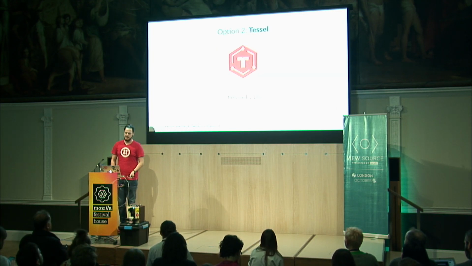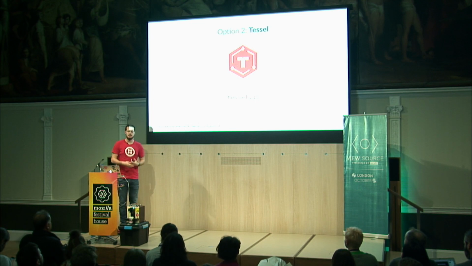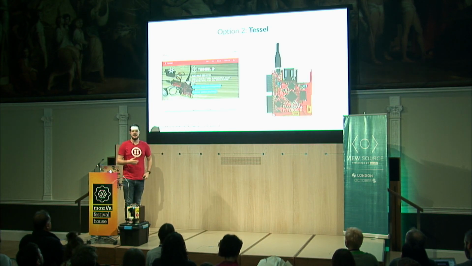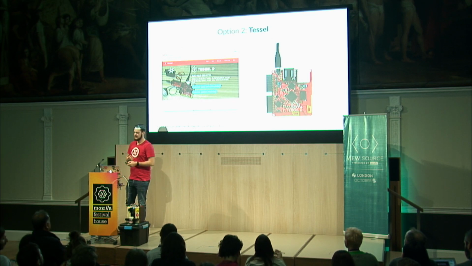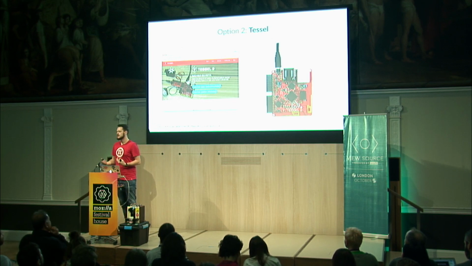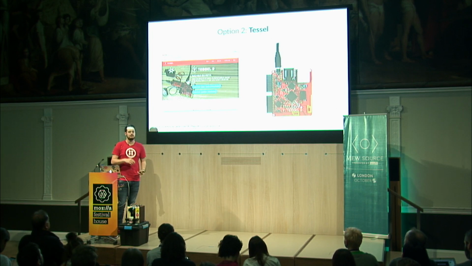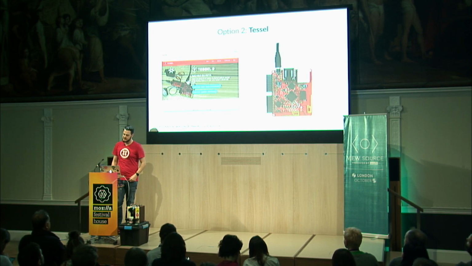And then the other option was the Tessel. Tessel is an open source hardware project that currently is the Tessel 2. And the nice thing here is that it has everything you need for quick prototyping already on the board. It has Wi-Fi, it has Ethernet, it has real USB ports that you can use to connect something like a webcam. It has analog and digital pins, so you can measure pretty much anything you want, and you can set values easily.